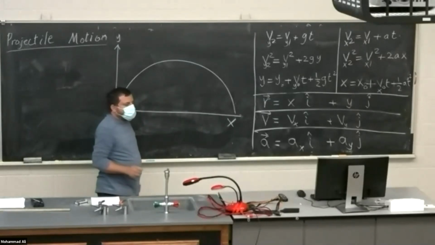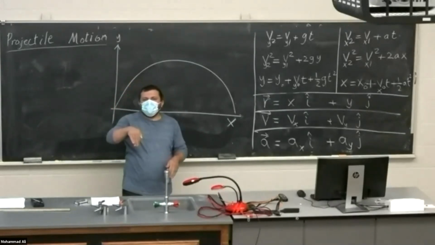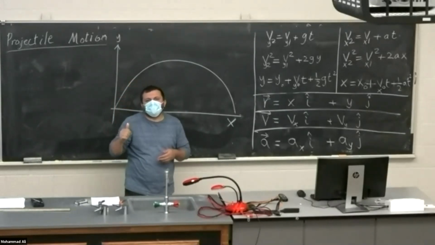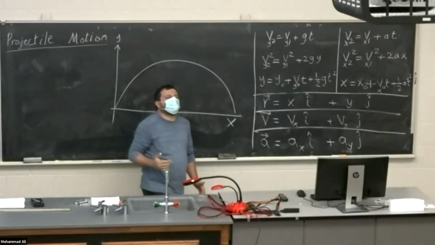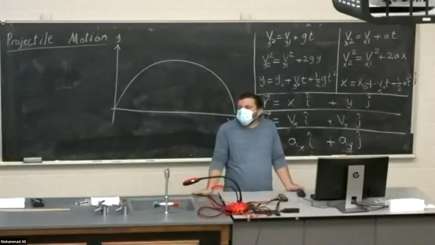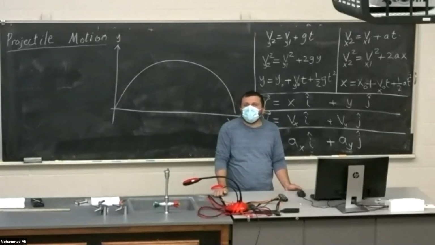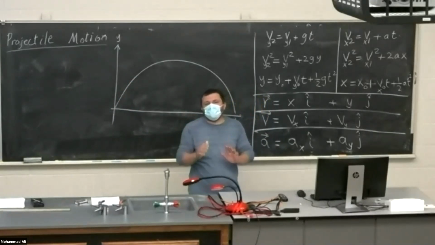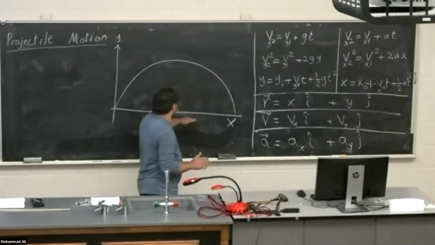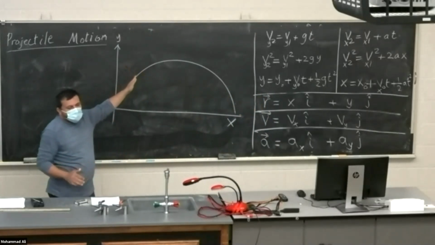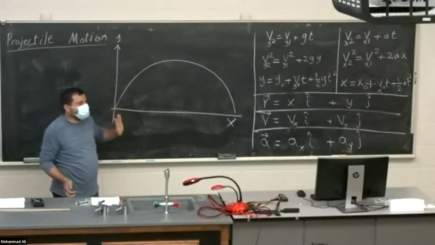Yesterday we finished the motion in y direction, and before that we finished the motion in x direction. Both of them are motion in just one dimension, either horizontal or vertical motion. Today we will study both directions, x and y, by studying projectile motion.